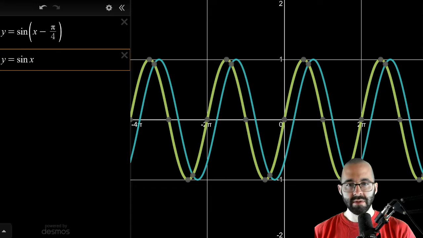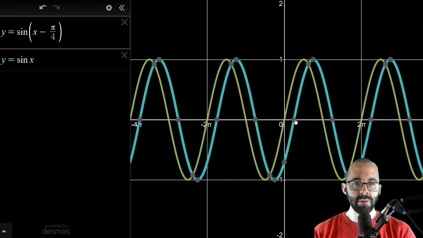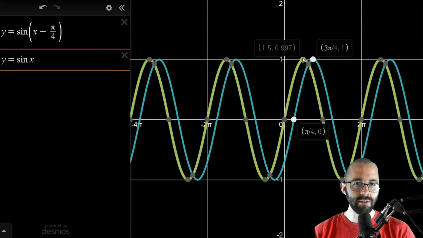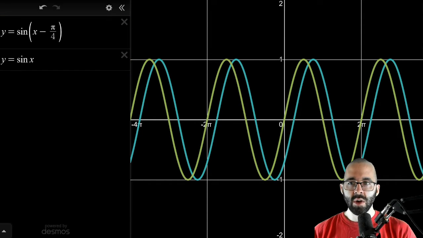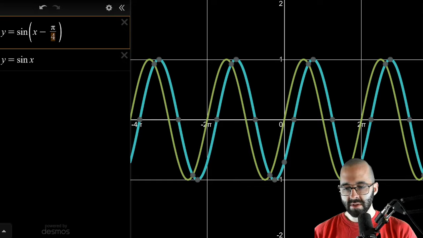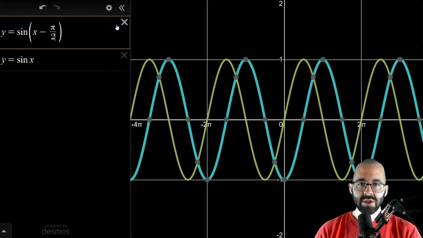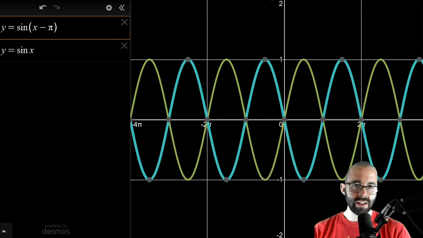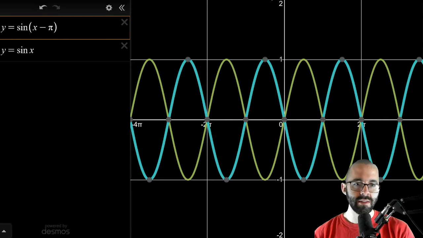So the blue graph is just the green graph shifted over pi over 4 units. Every set of pairs is just pi over 4 different. Or we could subtract even more, maybe pi over 2. That shifts it even more. We could shift it over an entire pi, and now it's getting shifted further and further to the right.